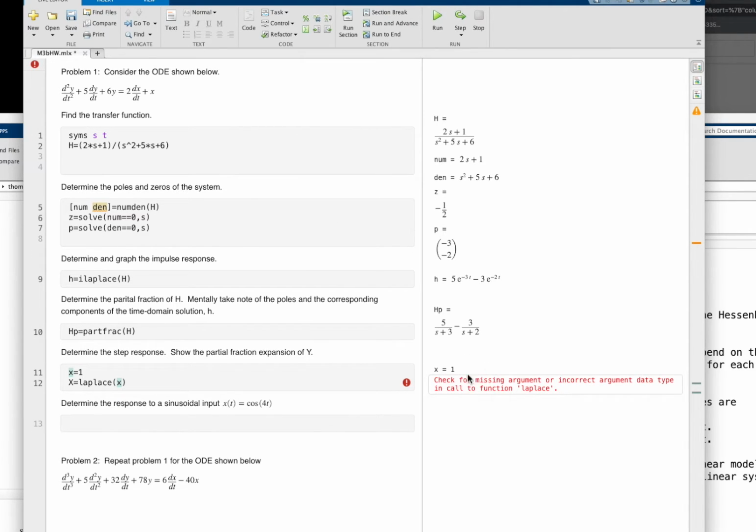Okay, yes, it's confused about what you want as the arguments for this Laplace, because normally the time function has a t variable in it. So we're going to give it a hint, to use regular Laplace variables. I'm not sure why it needs that, but I wanted to show you that in case you get stuck.